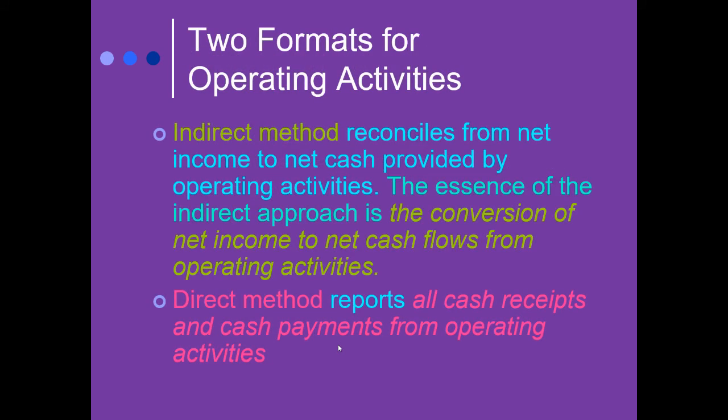Okay, so for the indirect method, usually it starts with reconciling net income to net cash provided by the operating activity. So when you prepare the indirect method, you need the net income, which you can find from the income statement.